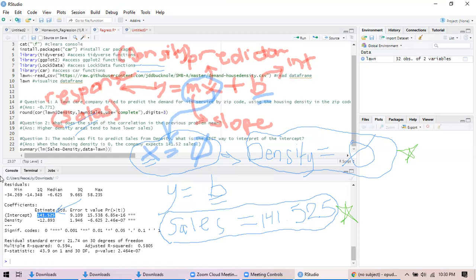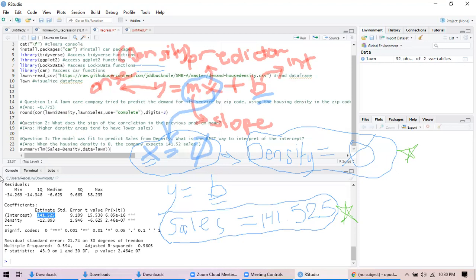All right, so we are looking for y, which is this guy. So we've got the x, which is 141.525, and the slope. The 141.525 is b.